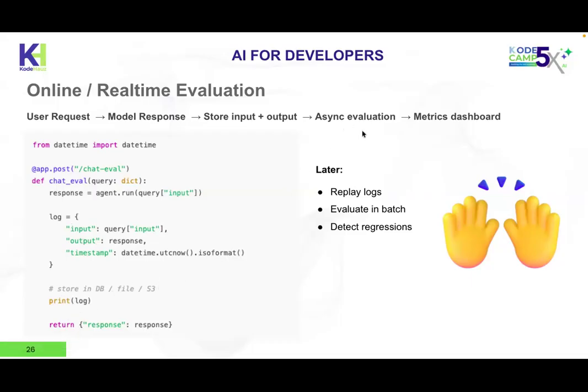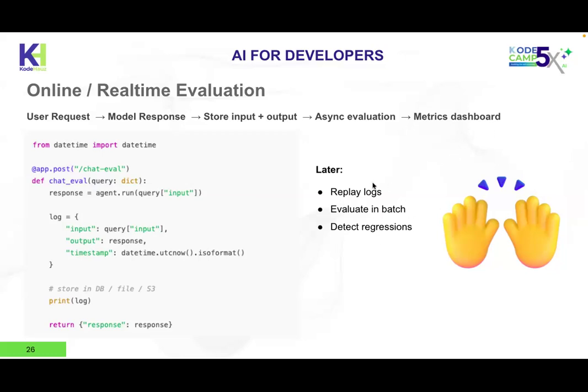And then you will later on, outside of the normal life cycle, pull those logs and use those logs to run eval on those logs. So basically, it's as if you are taking the logs as new data that you will use to eval the agent, and then you put it on the dashboard.